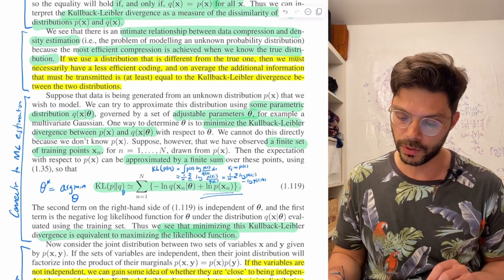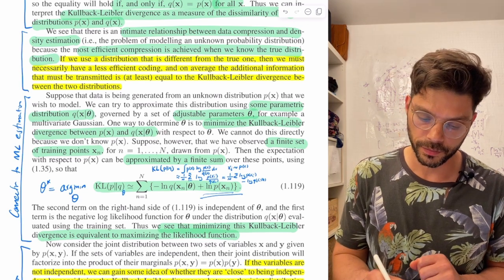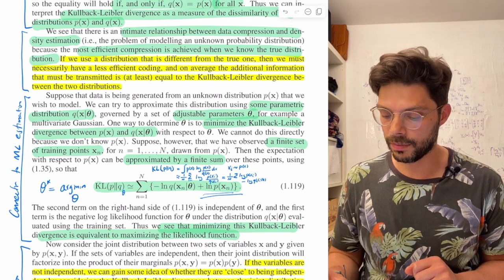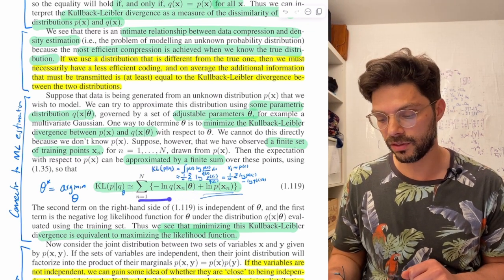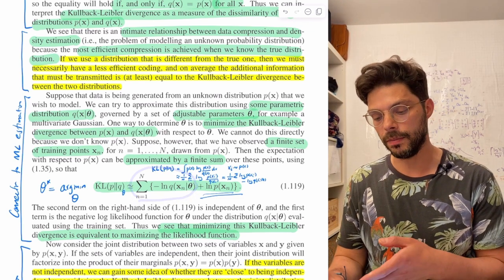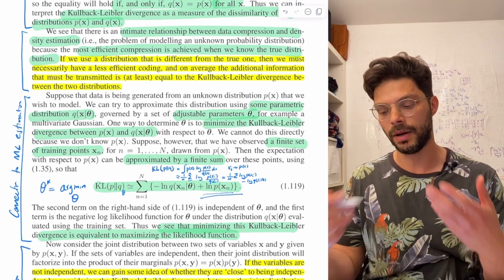And when we actually do it, what we end up optimizing is this term here. This term looks like you want to minimize this negative logarithm, which is the same as maximizing the logarithm.